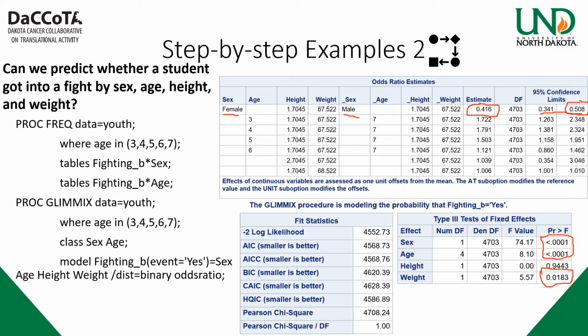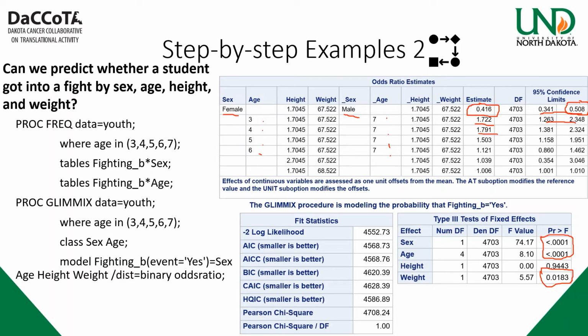So let's move on now to age, where now we have more categories. So we're comparing every younger age to the oldest age group. And you can actually set which specific category is your comparison. Here it just worked out pretty well. You can see here for the youngest age, it's almost twice as likely that the youngest age will get into a fight as the oldest age, and that's significant.